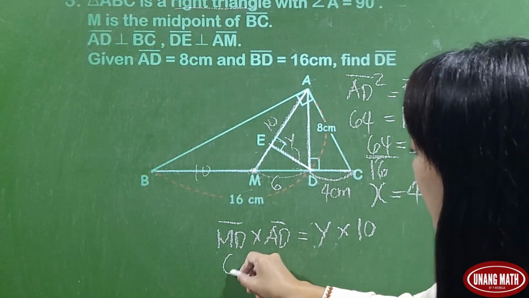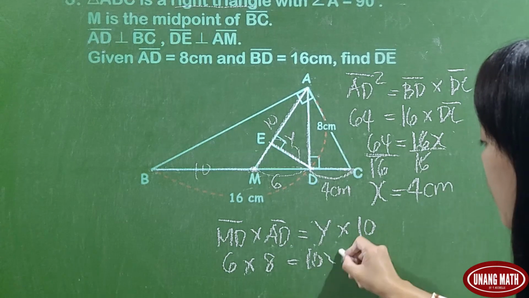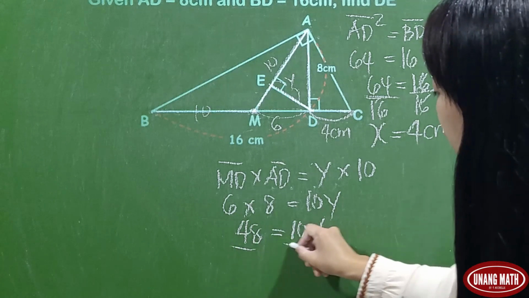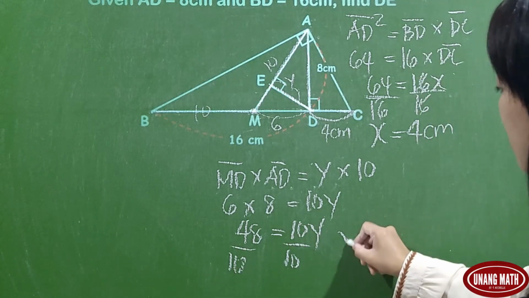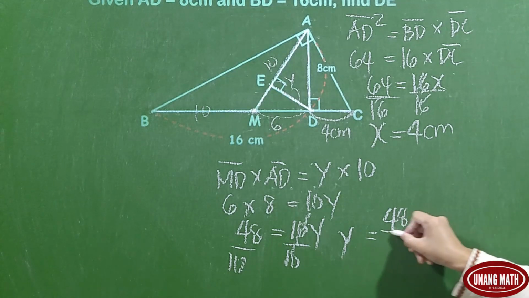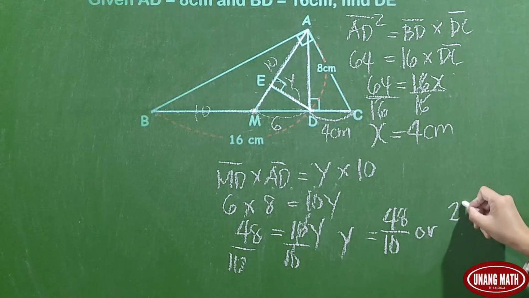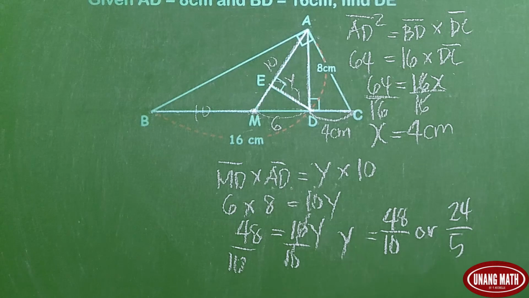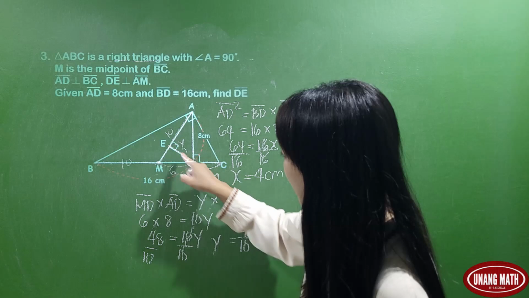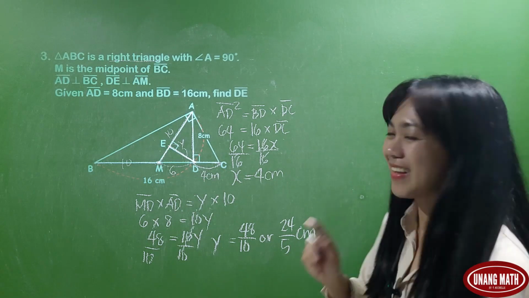So MD is 6, AD is 8, so 48 is equal to 10Y. Divide by 10, so Y is equal to 48 over 10, or if we simplify, 24 over 5. So the measure of this segment DE is equal to 24 over 5 centimeters.